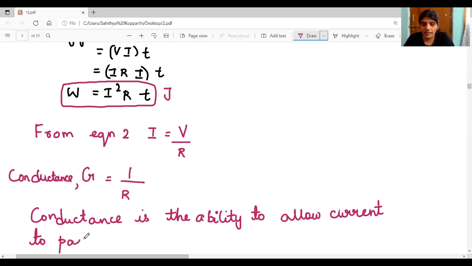So a good conductor will have high conductance and low resistance, and a bad conductor will have very low conductance and very high resistance.